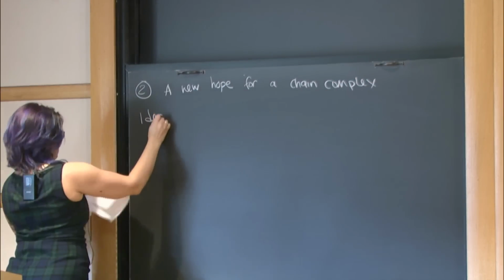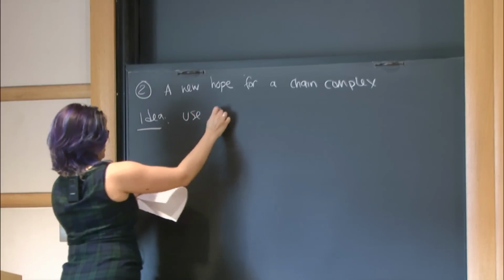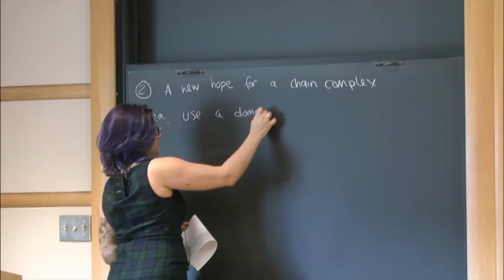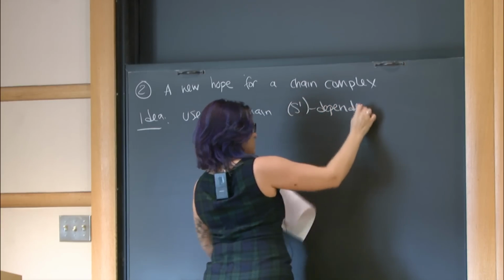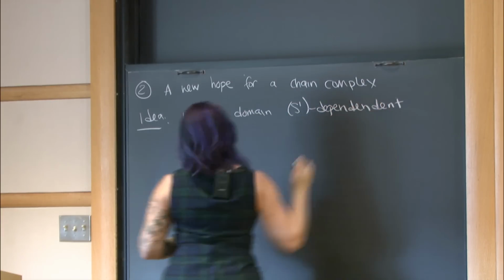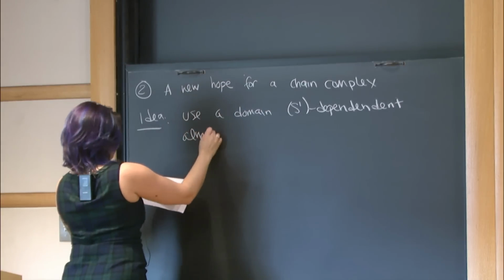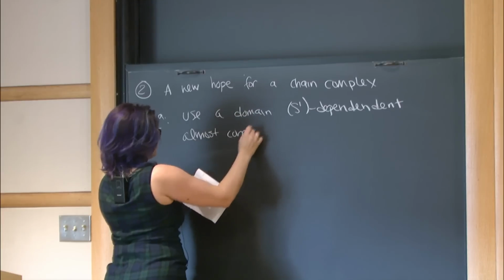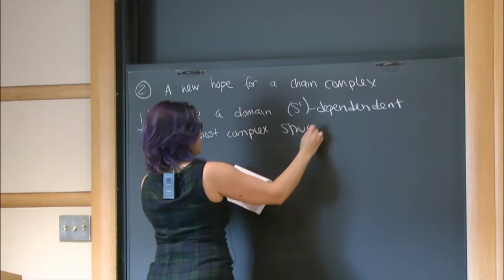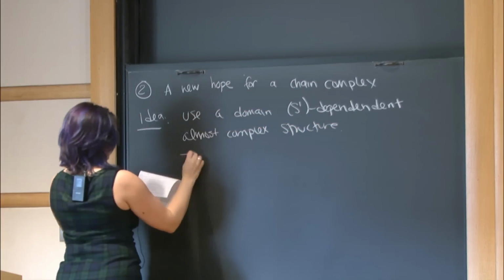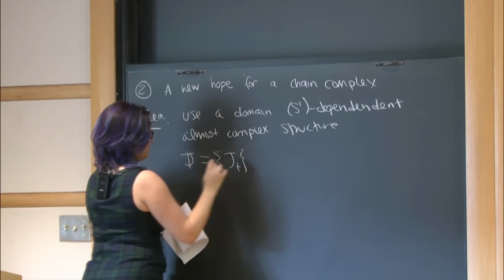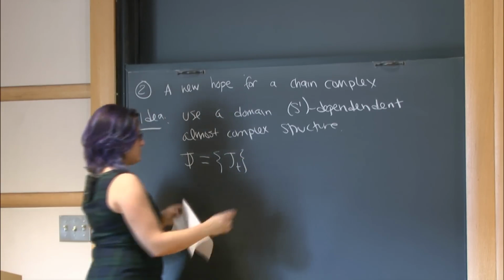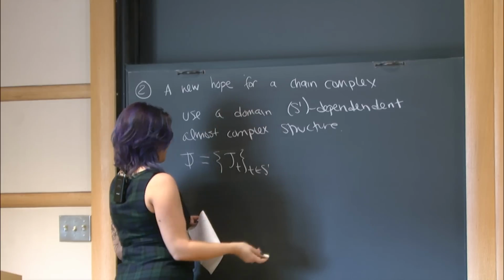So the idea is going to be to use a domain S1-dependent almost complex structure. So we'll let J, boldface J, be some family of lambda-compatible J's that's indexed by the S1 parameter.